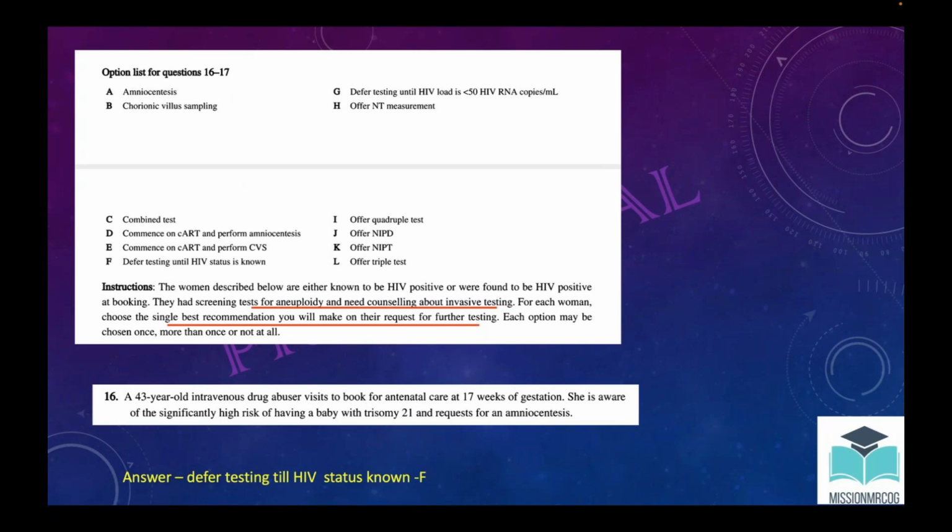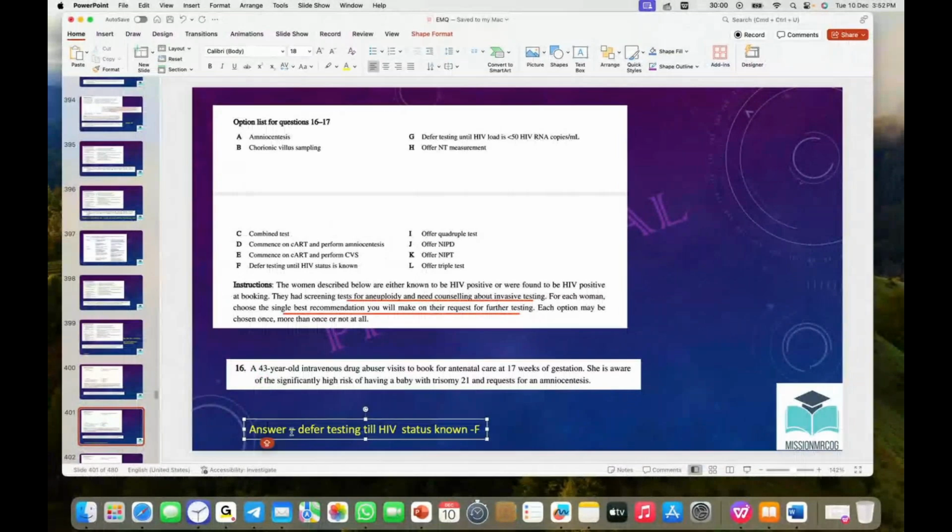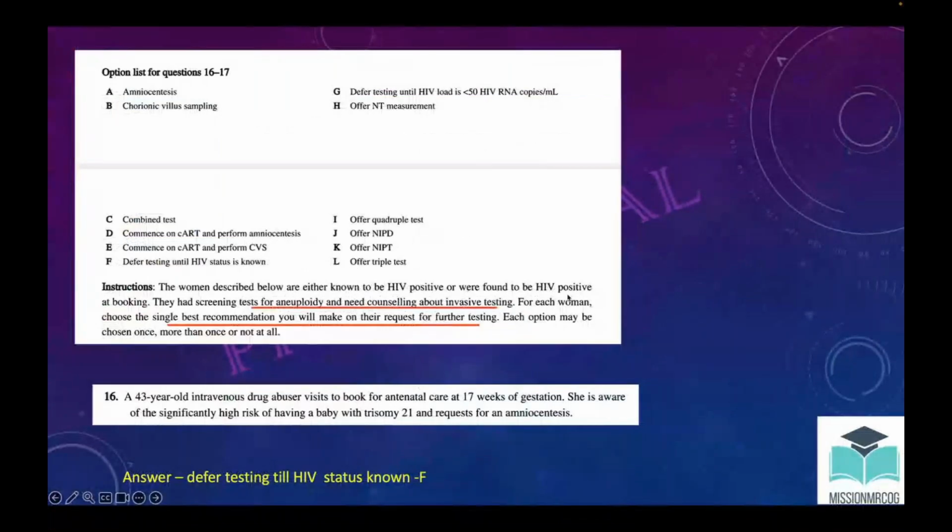Okay, if she is positive, then the answer will become G. Known to be positive or found to be HIV positive at booking. But for this patient they didn't mention whether they have found out or not.